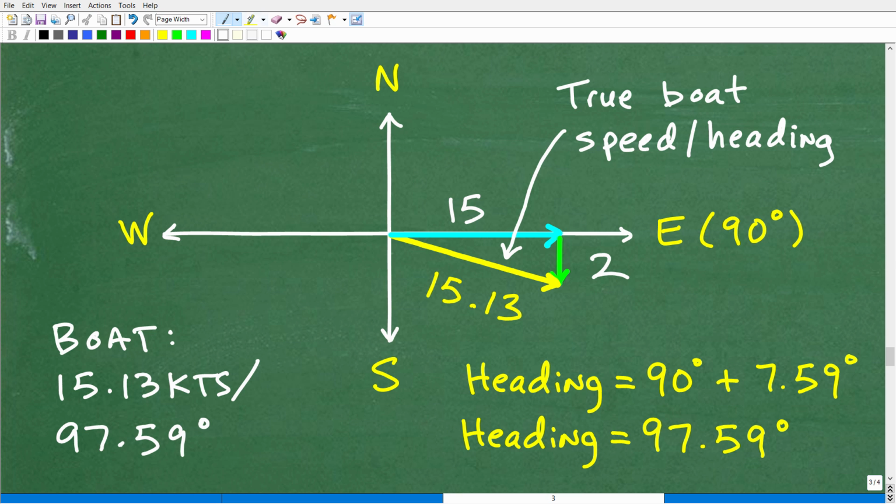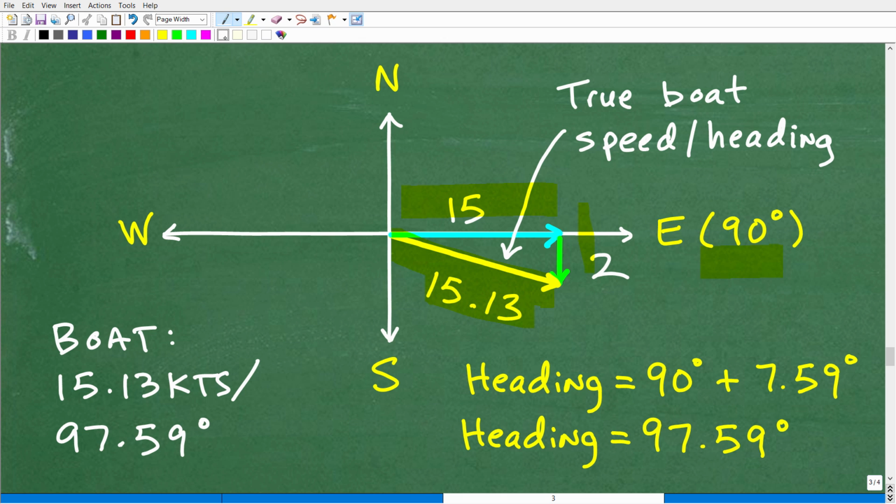So here is the boat. This is the boat. It's going due east at 090 degrees, and then the current is having an effect, that 2-knot current going due south. It's certainly pushing the boat, and it's pushing it in a southward direction. So the true boat speed, we figured out, is 15.13.